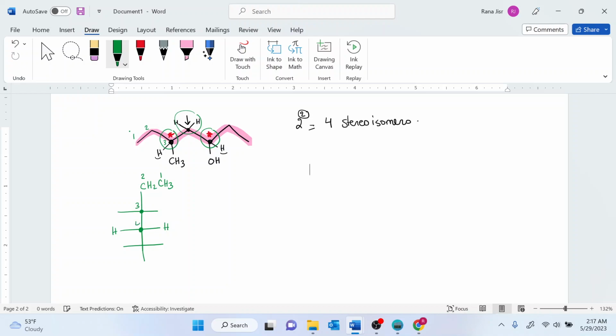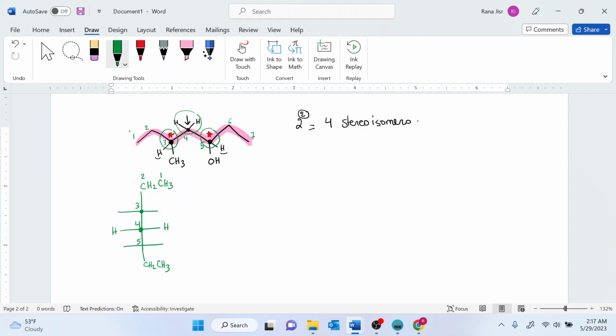You have carbon number 4, which is the CH2, and then you have carbon number 5, which has the OH and the hydrogen. Then on carbon number 5 I have 6 and 7, so I have the CH2 and the CH3.